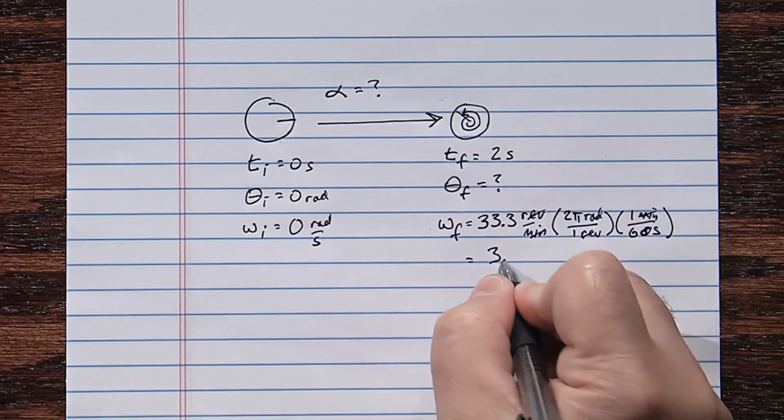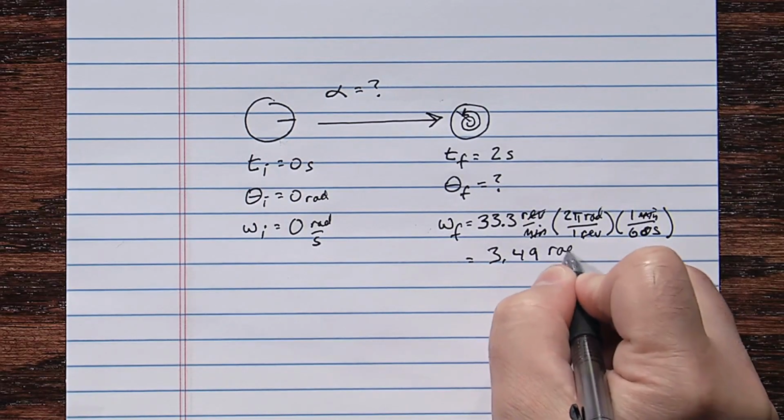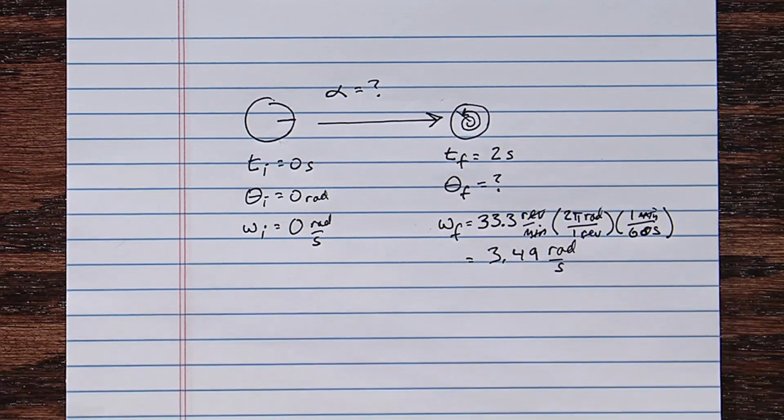That would be 33.3 times 2 times pi divided by 60. And that gives us 3.49 radians per second. So that is the final angular velocity.